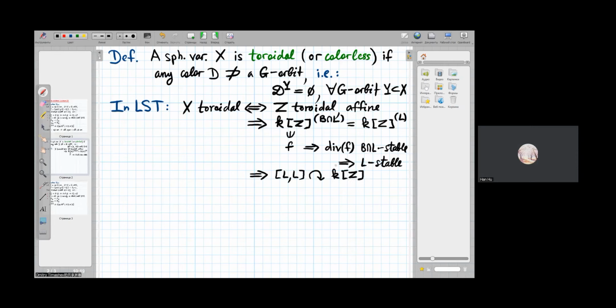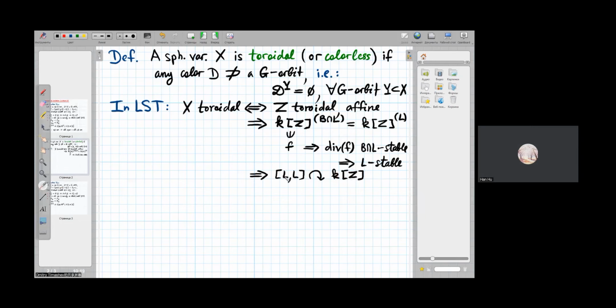Because what are semi-invariant regular functions with respect to the Borel subgroup? They are exactly the highest weight vectors for irreducible representations of L in the coordinate algebra of Z. And since all these highest weight vectors are L-semi-invariant, the respective irreducible representations are just one-dimensional. So the coordinate algebra decomposes into a direct sum of one-dimensional irreducible representations.